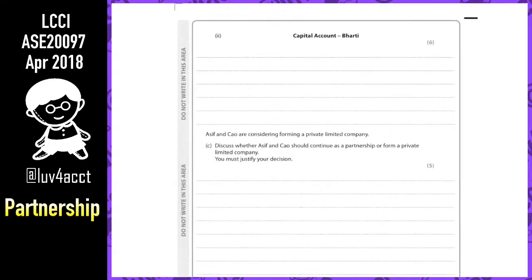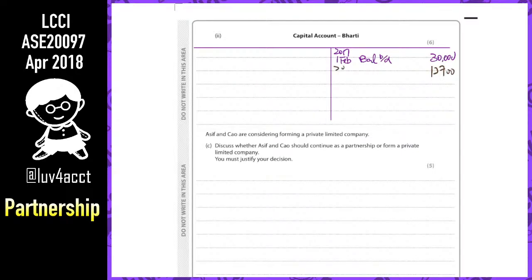Okay, capital account. Year 2017, 1st of February, we have the balance of 30,000. Just now we have 12,700 from the current account, the 1st of January, current account.